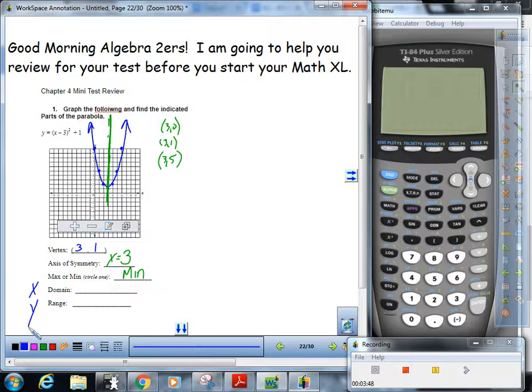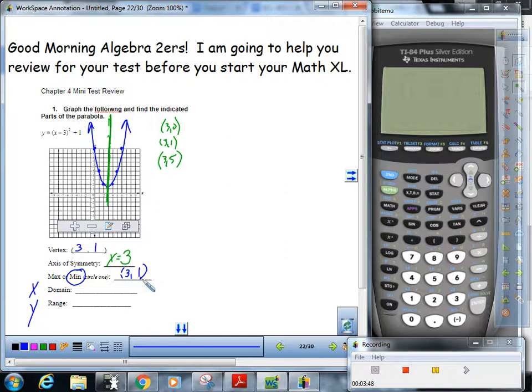So, what are the possible x values? Oh, maybe it says circle the minimum. And what is the minimum point? It's the 3, 1, I guess. I don't know. I'll take either one of them.